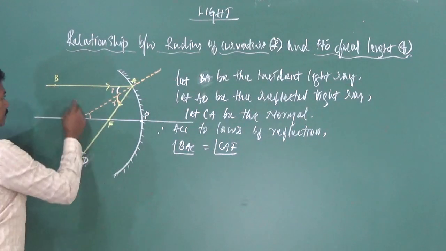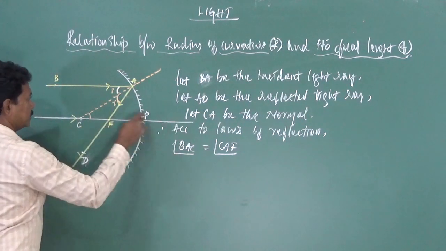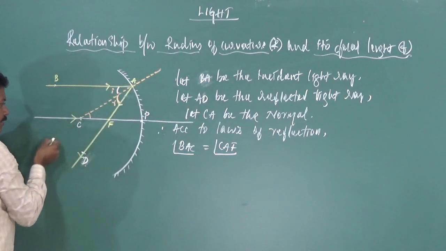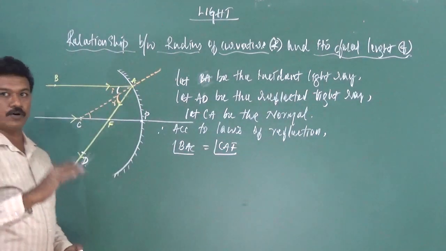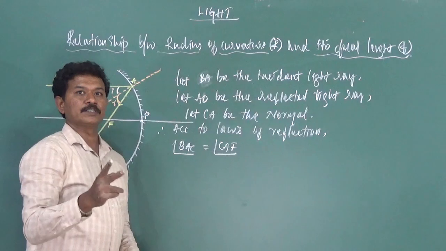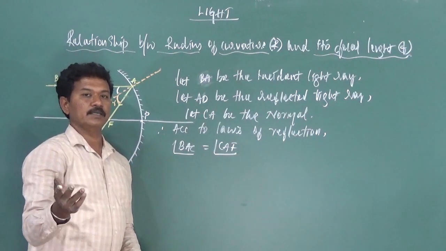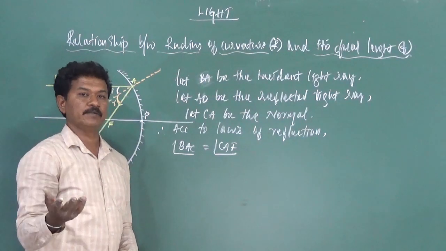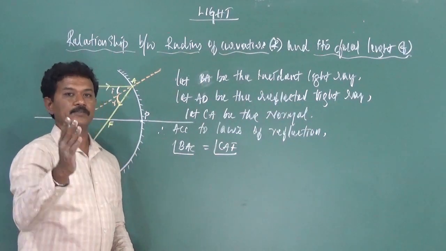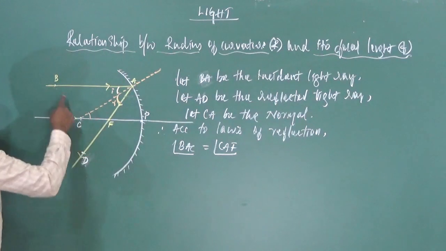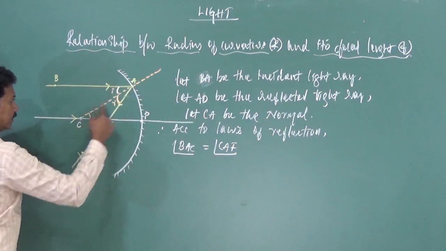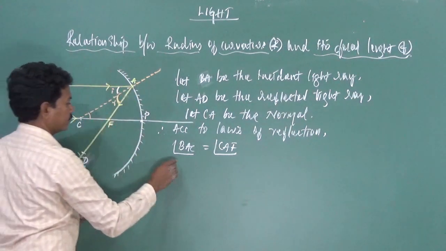Because here, for these two parallel lines, this line is going to act as a transversal. When you draw a transversal for two parallel lines, we know from our previous theorems in geometry that alternate angles will be equal. Therefore angle BAC is equal to angle ACF.